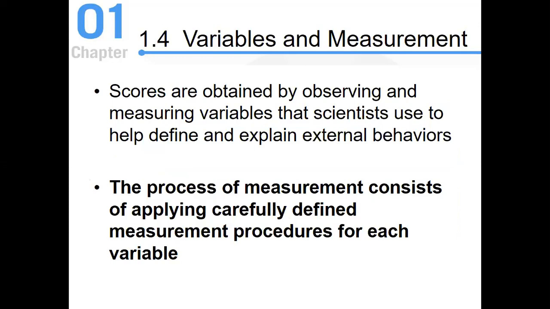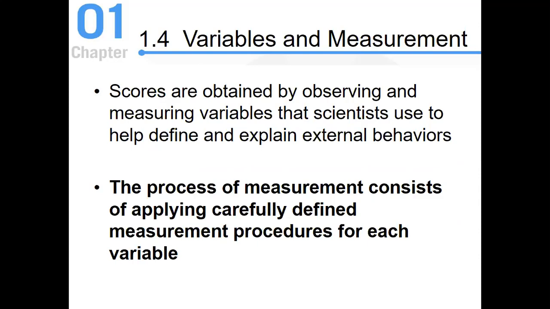Okay, so now we're going to move into another major segment of this foundational chapter, looking at how we can actually measure variables. And as you'll see in psychology, in the behavioral sciences, measurement is quite complex. It's not as easy as measuring how many ounces are in a cup of water.